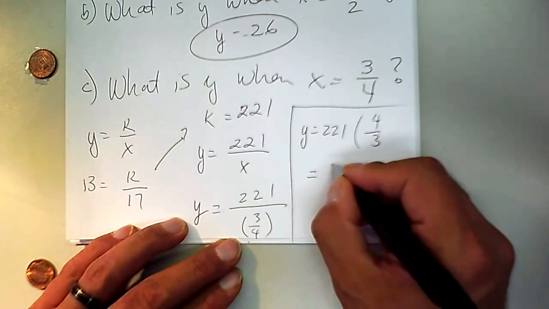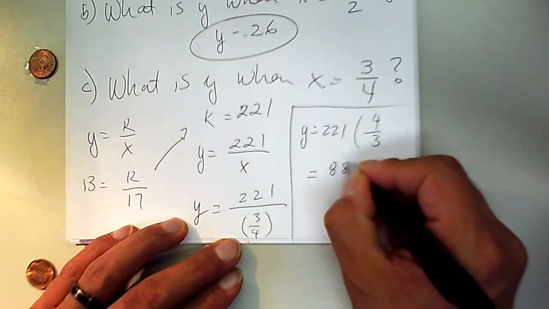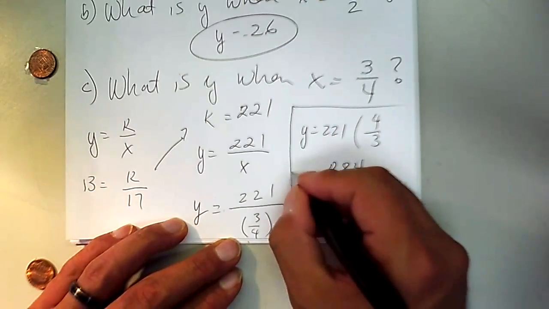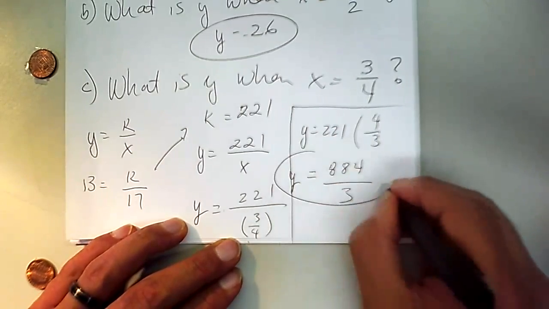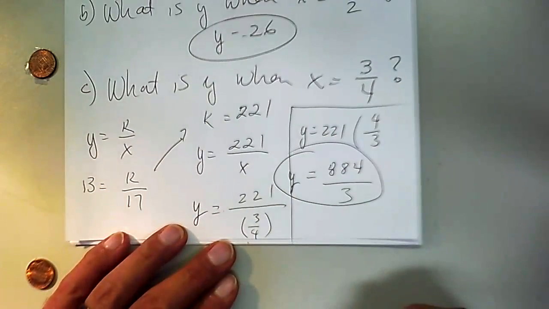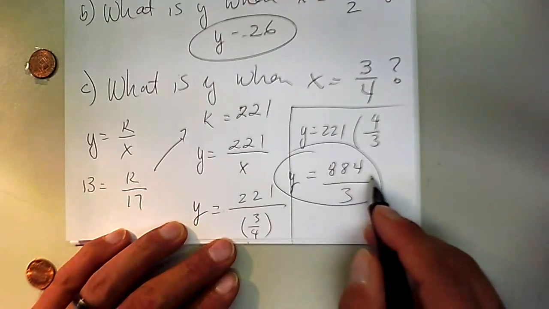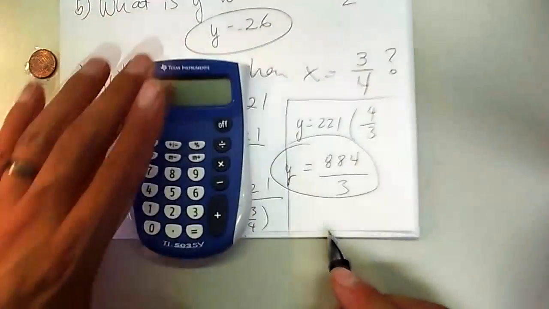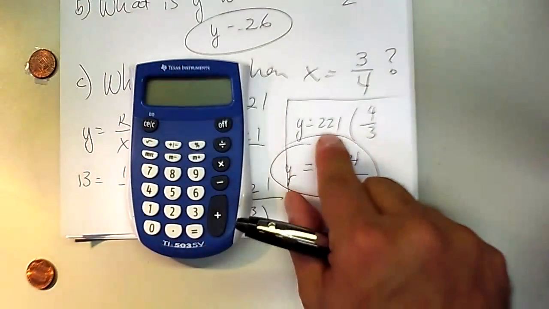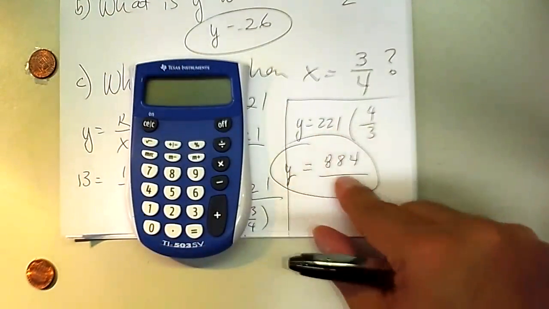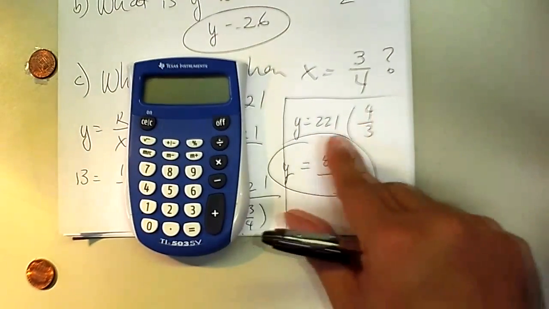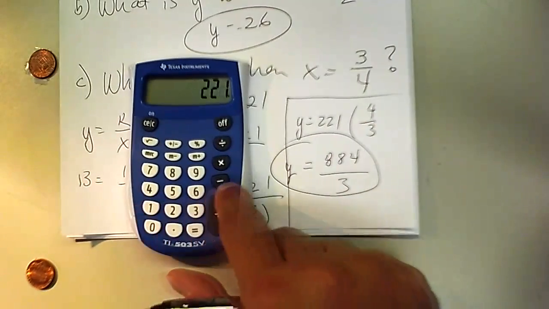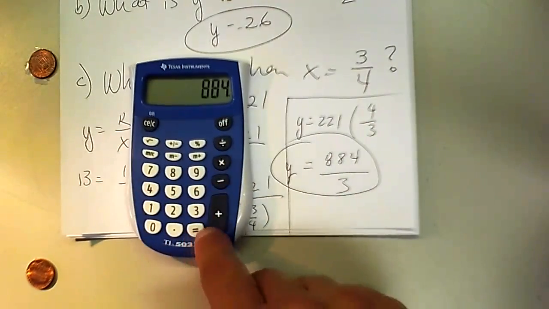So that gives us 884, 884 divided by 3, which is a pretty big number. Again, this is the final answer. Don't necessarily put it as a decimal. Sometimes I do that just to have an idea. Well, before doing that, I'm going to make sure that 221 times 4 is 884 because I did this in my head. I'm quite sure, but it doesn't hurt to double check. 221 times 4 equals, yep.